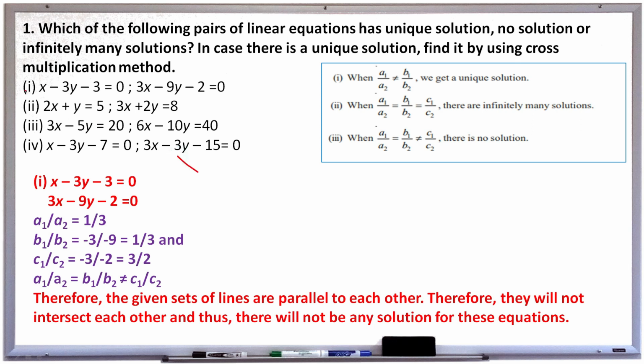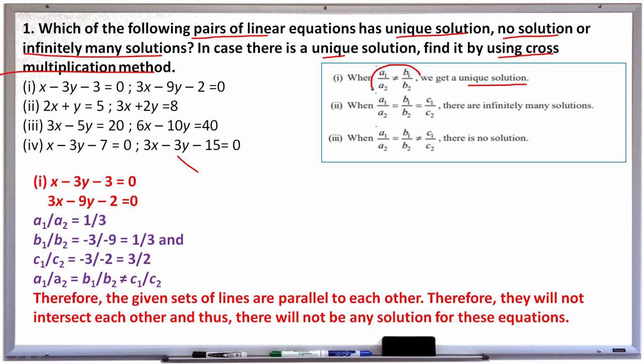Let us see which of the following pairs of linear equations has a unique solution, no solution, or infinitely many solutions. In case there is a unique solution, you have to use the cross multiplication method to find the x and y values. Unique solution means a1 by a2 is not equal to b1 by b2.